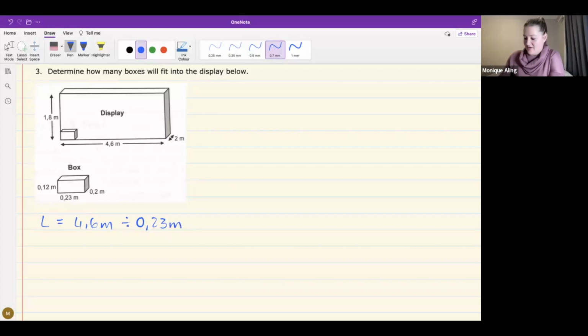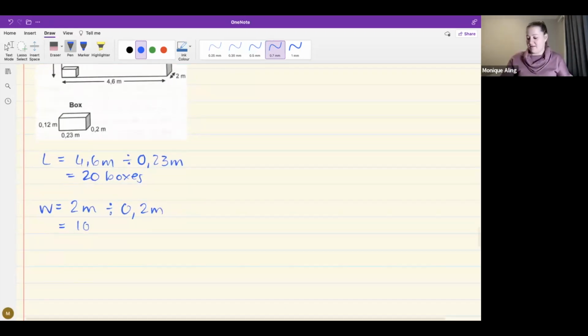Awesome, on the dot. And then for the width, I took two meters divided by 0.2, and it gave me 10. Perfect. Thank you. Well done. Looks like you really understand this topic. Well done, Caleb.